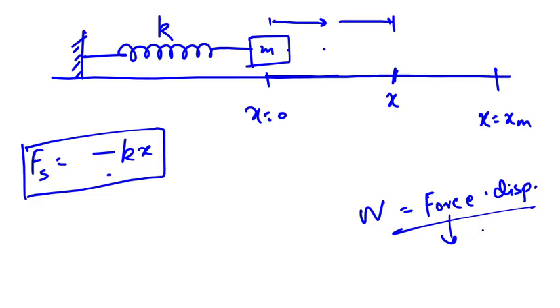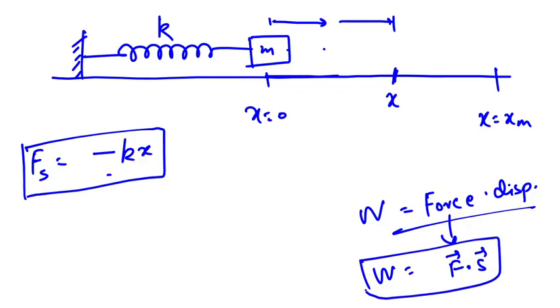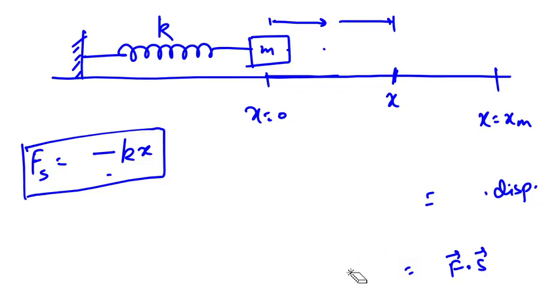We can just multiply force with displacement, or if vectors are included, take the dot product, force dot displacement, and this will be the work done. But what is happening here? The force is not a constant quantity, rather it is varying with displacement. So we have to take another approach, and we are going to do it by the integration process.